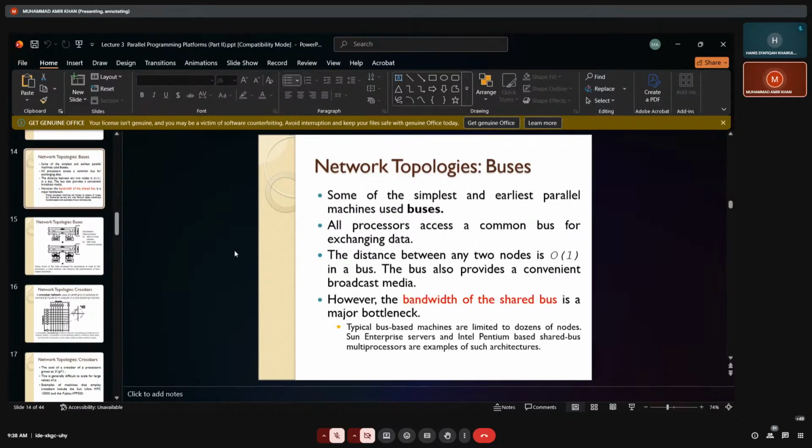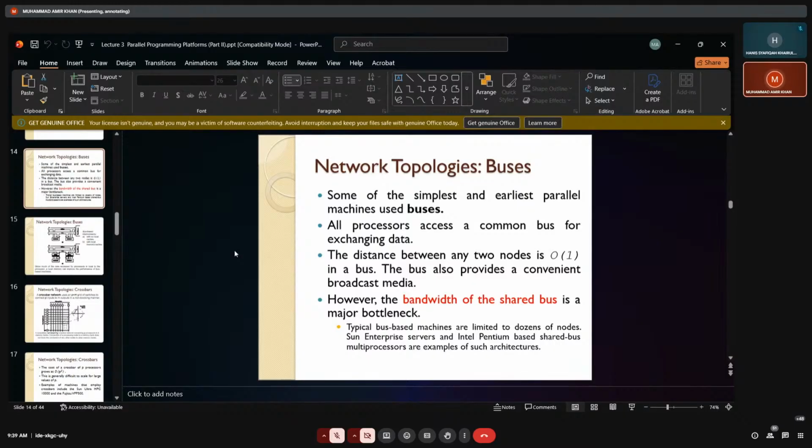Number one topology is the bus. Very simple. You already learned it in computer networks or data communication. Some of the simplest and earliest parallel machines use buses. All processors access the common bus for exchanging data. The distance between any two nodes is zero in a bus because all are interconnected. The bus also provides a convenient broadcast medium because we use a single link.